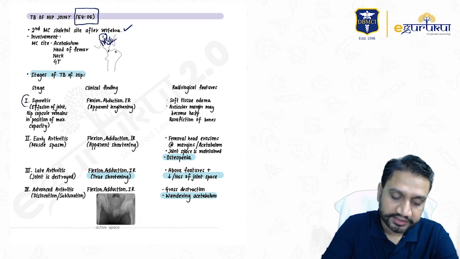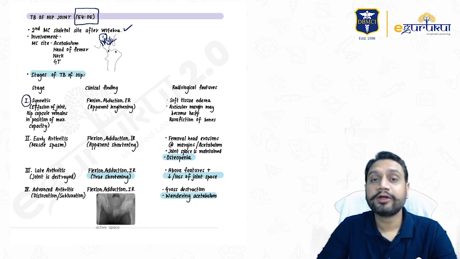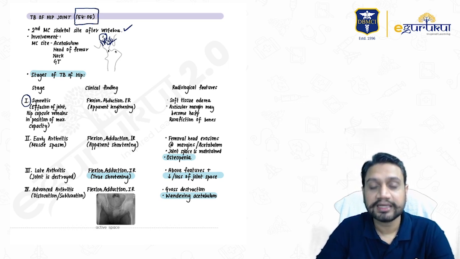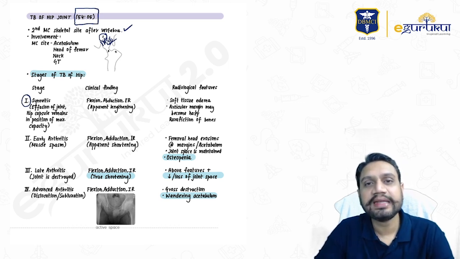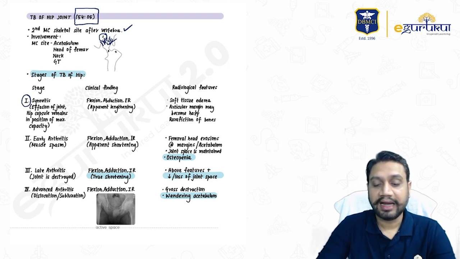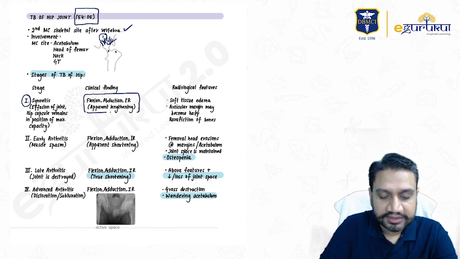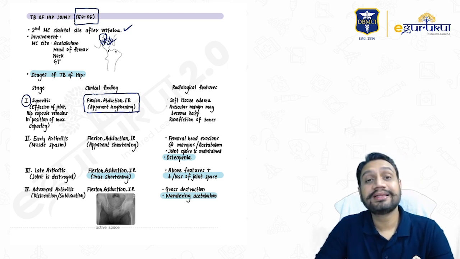stage always remains your synovitis. So synovitis, we have very clearly discussed on multiple occasions, because of any reason, will have the hip move in the same attitude, and that is abduction and external rotation. Why abduction and external rotation? Because in this abducted and externally rotated posture, the capsule will be in its maximum capacity.